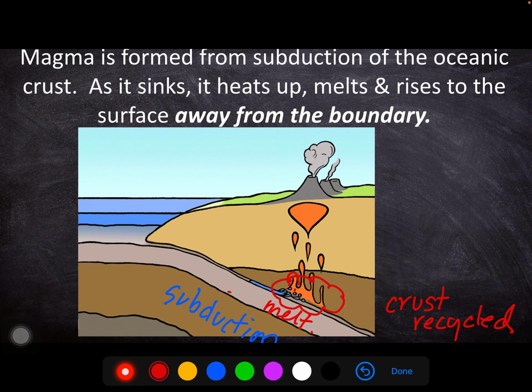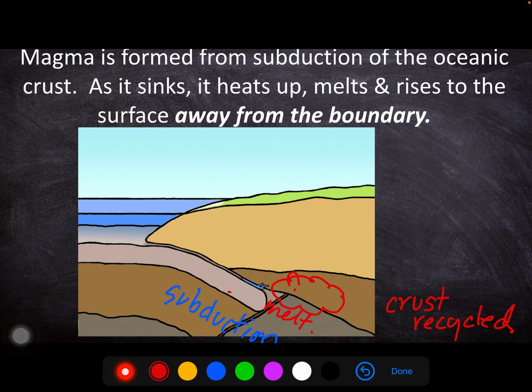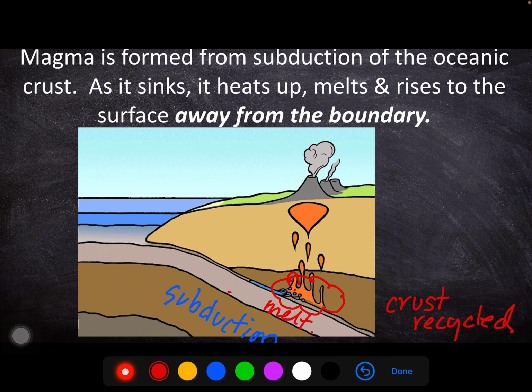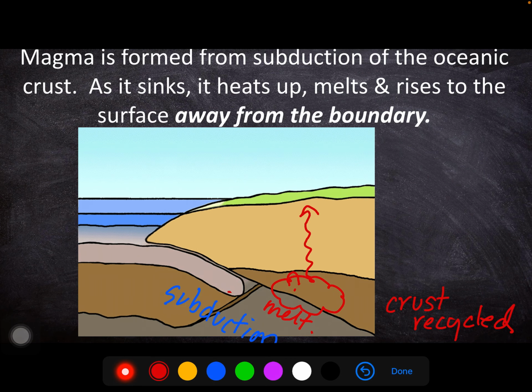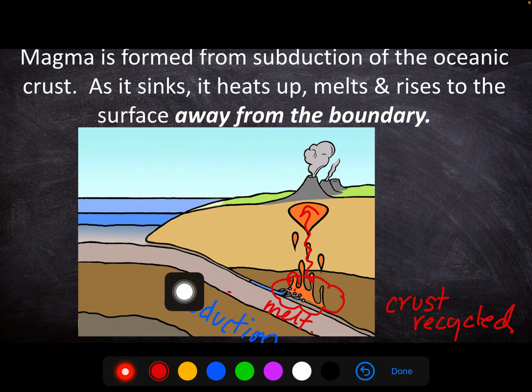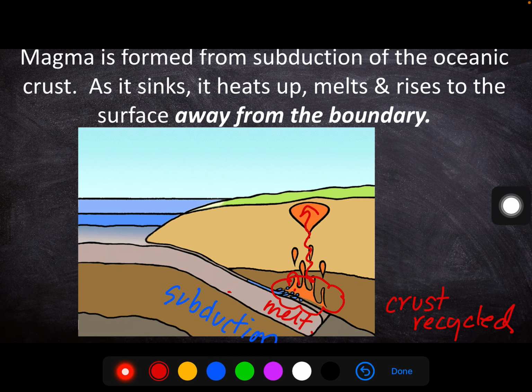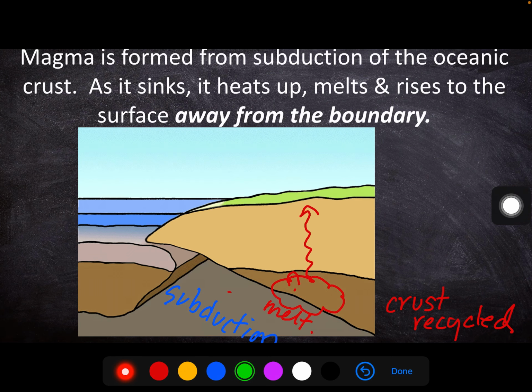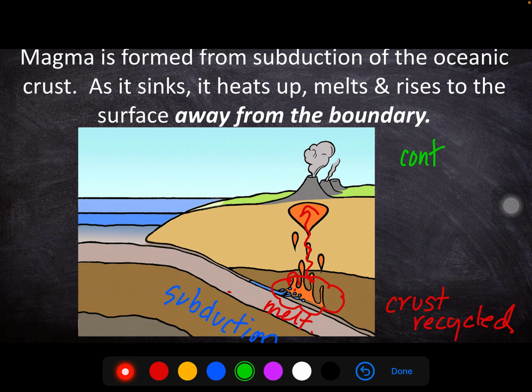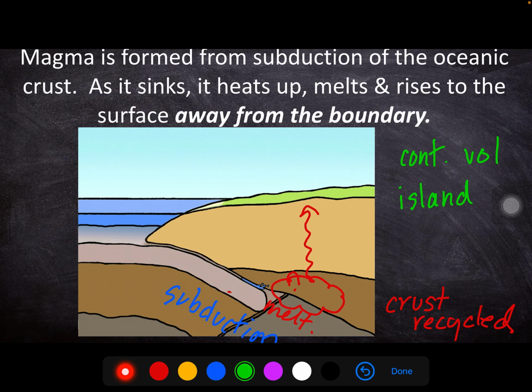So the crust is getting recycled as it's being subducted. And again, in this graphic, we're seeing that melting of the crust create magma that's fueling these volcanoes on the surface. And again, both boundaries have the same process of subduction, melting, and volcanoes, but the names are a little bit different. We're going to see one known as continental volcanoes and one known as island volcanoes.